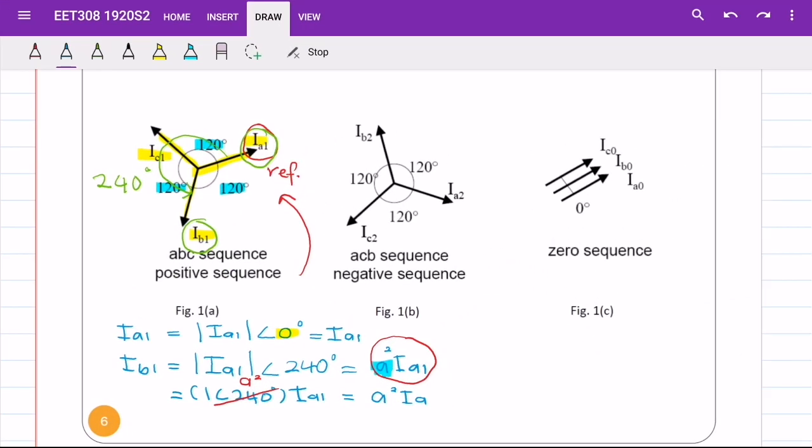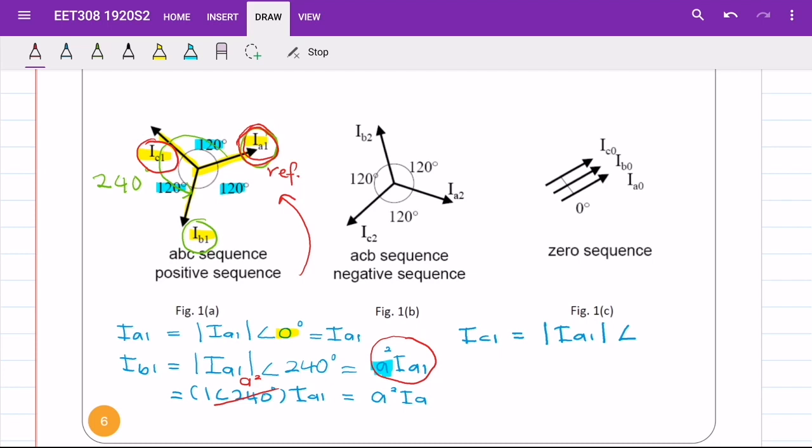Next is the equation for IC1. IC1 is equal to the same magnitude as IA1, and for the phase angle, we refer to the phasor diagram, where the angle is between the reference point IA1 and IC1.